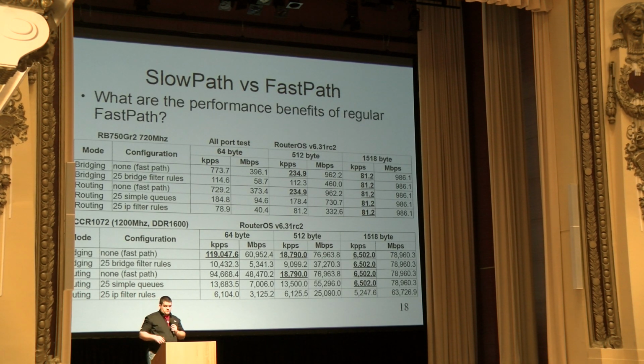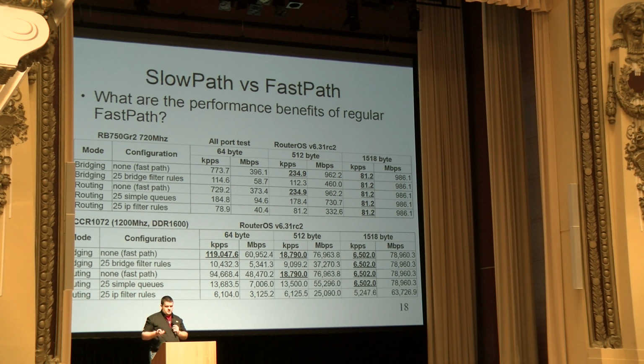So just to show you the impact of this first level of the FastPath, here is our table that we usually put out with all the products. Every time we release a product on routerbot.com, we have this table. For example, on 750G revision 2, with 25 bridge rules, so you have a bridge configuration, that means that FastPath is disabled.